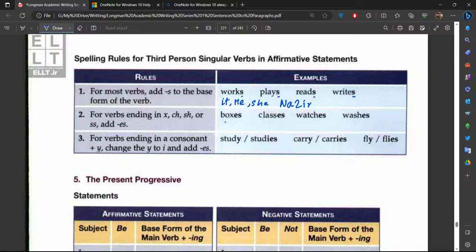So for all these verbs, box, class, watch, wash, we add es if x is there, or ss, or ch, or sh.